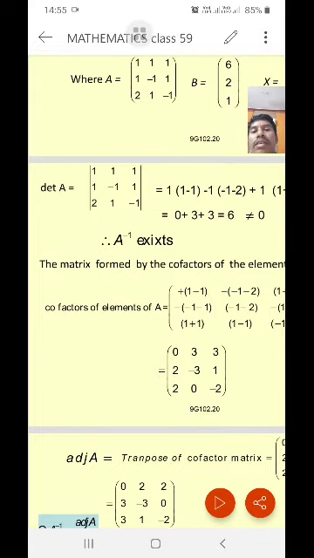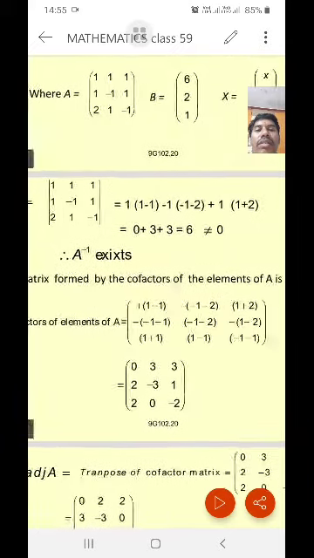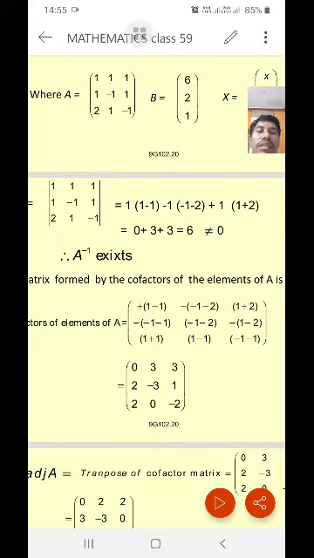Now come to the third element of the first row. Third means the first one is positive, the second negative, and the third again positive. So plus; if you write plus or not, no problem, because it is applied as plus. So the third element's minor is 1 minus of minus 2, so that is 3.